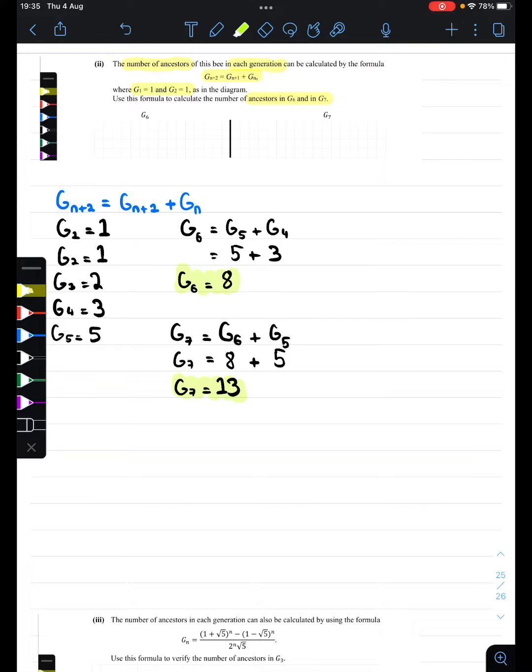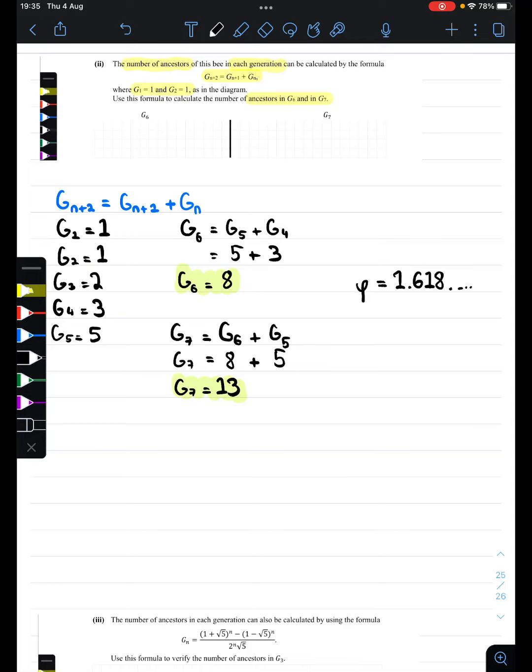It's called phi. Phi equals 1.618, and it shows up all over the place in nature. So the fact that it shows up here related to the ancestors of male bees is not that surprising, but still pretty cool.